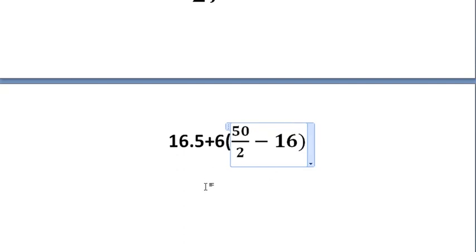Okay, let's try to put in the fraction very well. Let's go again.